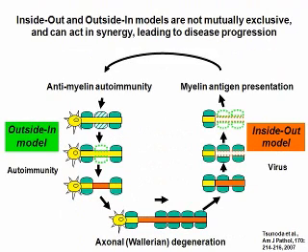I would like to emphasize that these two hypotheses are not mutually exclusive. For example, in conventional EAE, first lesions develop from the outside. Anti-myelin autoimmune responses initially attack myelin, and axons are damaged secondarily by severe inflammation.